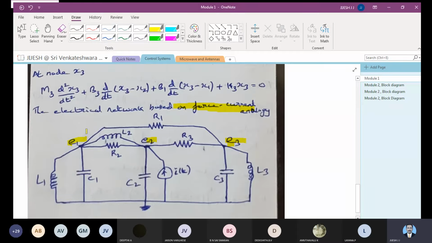You get L1, C1, R2, L2, R1 for E1, for E2 you get C2, I of T and R3, and for E3 you get C3 and L3. So this is how the entire system will look.